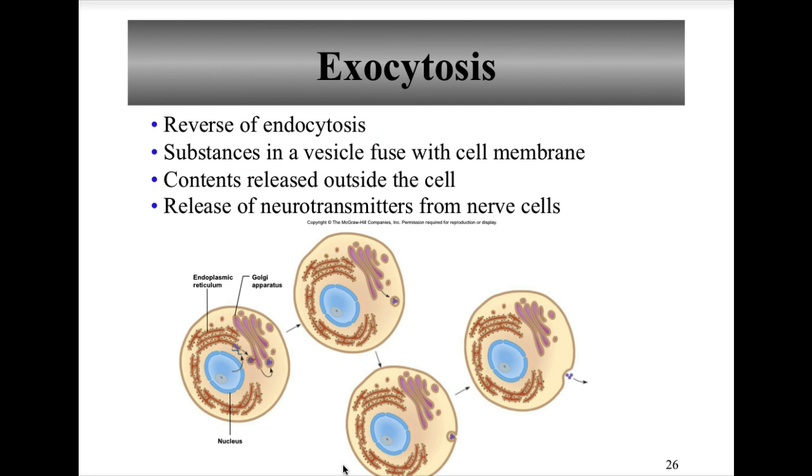Exocytosis. In exocytosis, it's a physiological transport process by which the cell is going to transport secretory proteins out of the cell. It also allows cells to get rid of debris by dumping it to the outside, into the extracellular fluid.